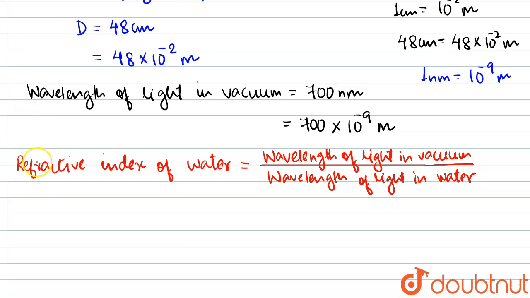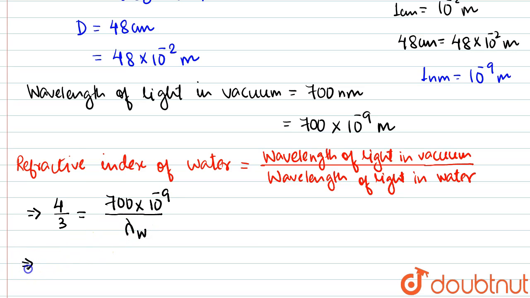The refractive index of water is 4 by 3. We have 4 by 3 equal to wavelength of light in vacuum is 700 times 10 to the power minus 9, and let the wavelength of light in water be lambda w.